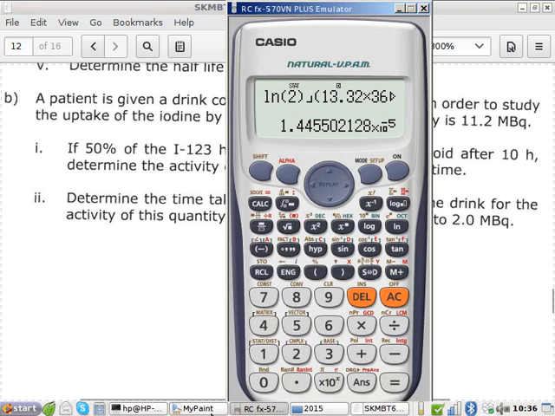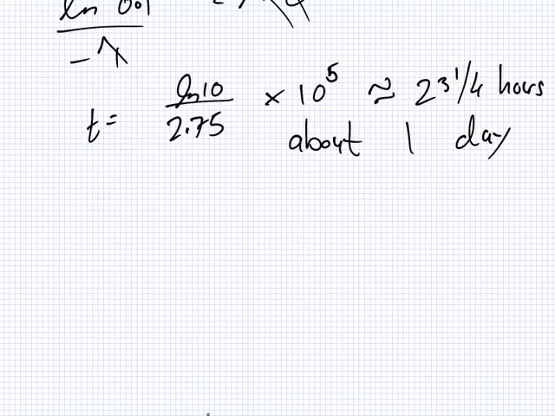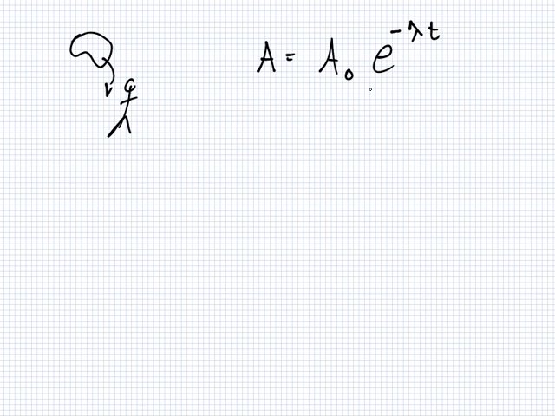So good job, you figured out their sort of sneaky use of English here. There's some iodine put into the person. Let's calculate the activity after 10 hours. So the activity after 10 hours is A0 e to the minus lambda t. What was the A0? Or is it not given?